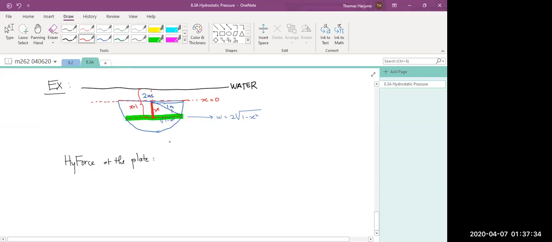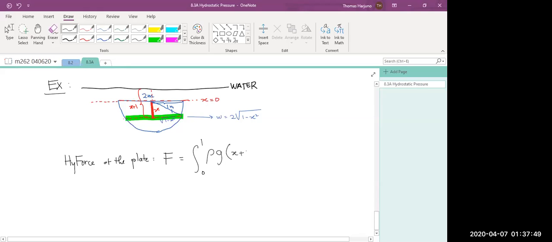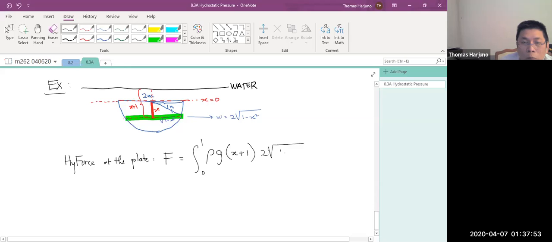Okay, so now when we go back to compute the hydrostatic force, the integral will be from 0 to 1 rho g. What is the depth? x plus 1 to be more precise. Yeah. Okay, times 2 square root of 1 minus x squared dx.